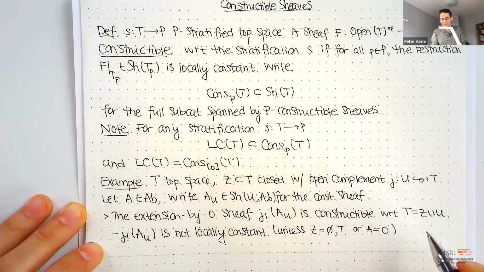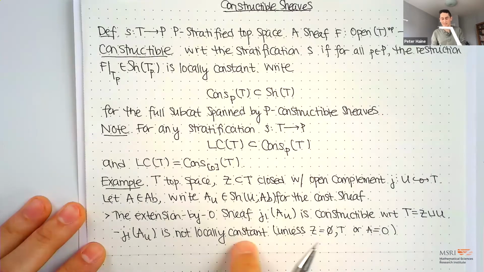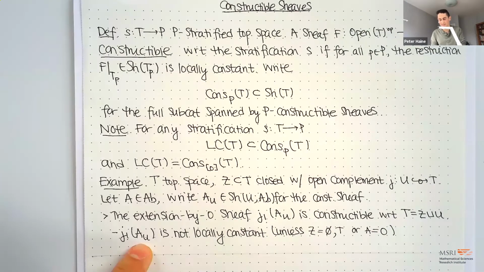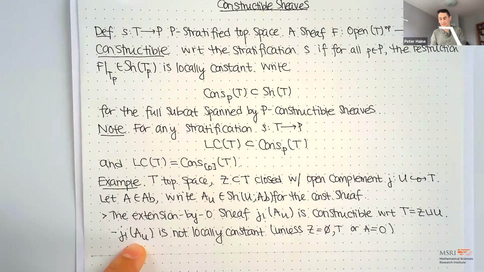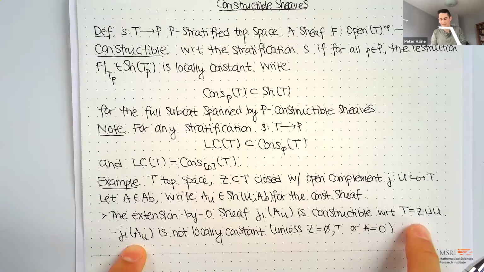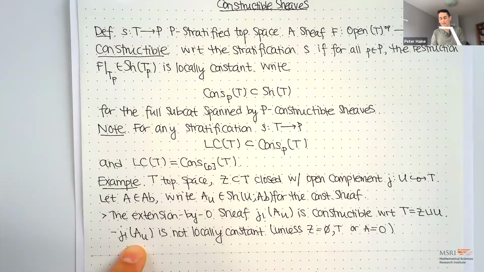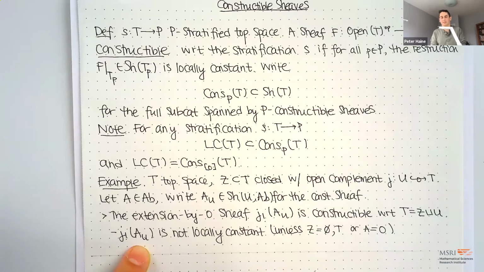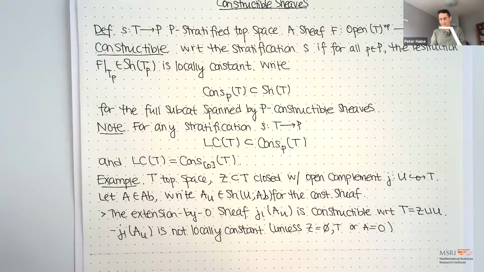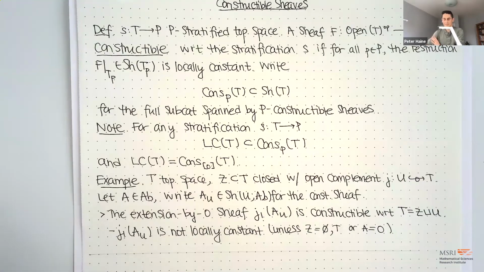Sometimes it's locally constant, but usually it's not, because the stalks of the sheaf on Z are all 0 because you've extended it by 0, but the stalks on U are all A. Sometimes it can happen to be.